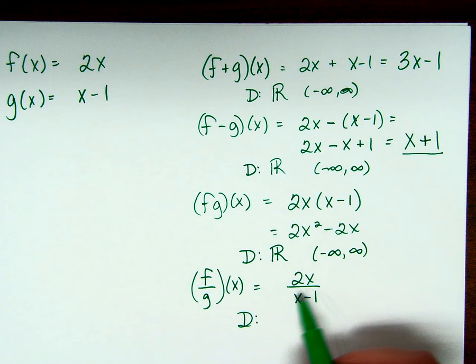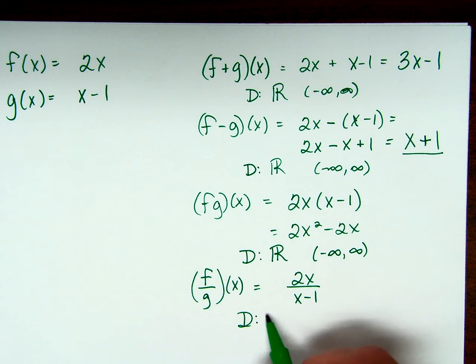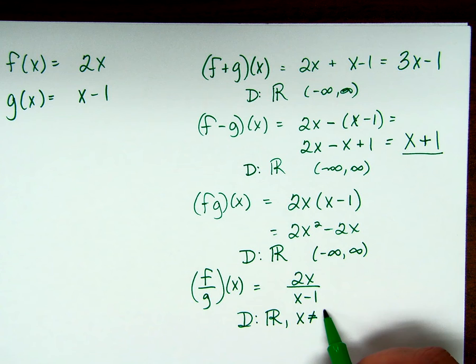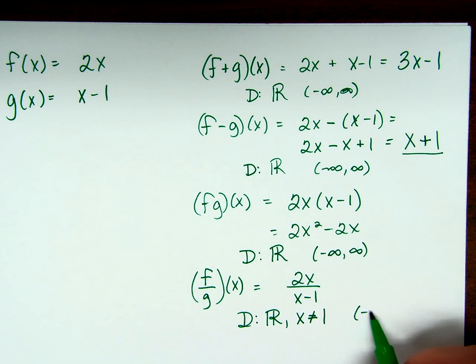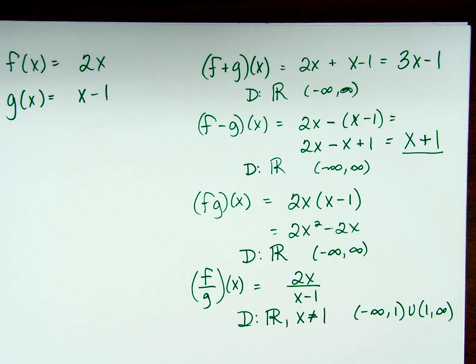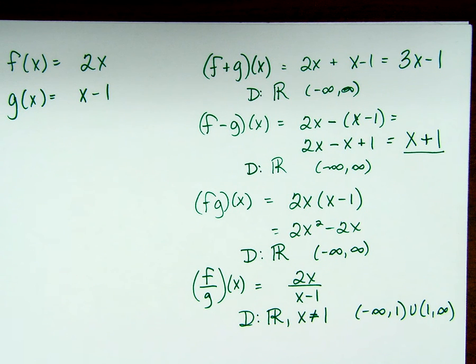Well, is the denominator allowed to equal 0? So it is all real numbers, but x is not allowed to equal what? 1. So it goes from negative infinity to 1, and then again from 1 to positive infinity. So that's always a union? It's always a union, because it's one part and the other part.